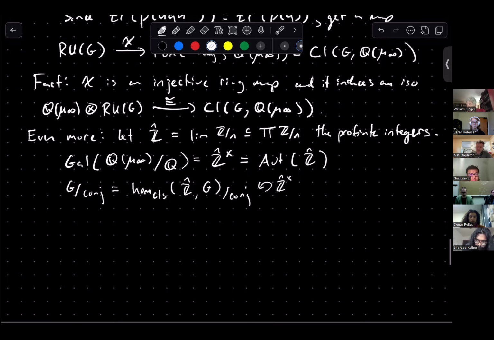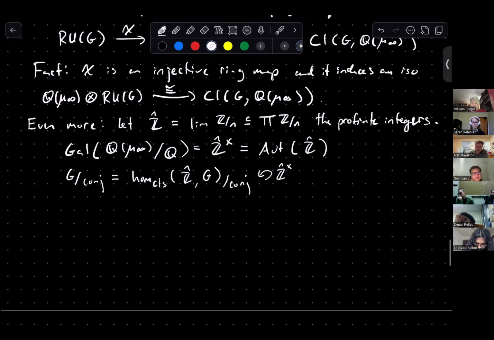Okay, what does this have to do with the story? Well, this Z hat times action graduates to an action on class functions taking values in Q adjoin mu infinity.